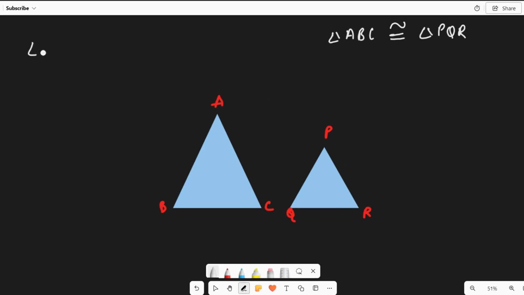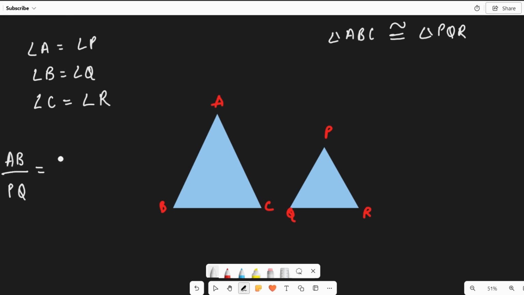That is, angle A should be equal to angle P, angle B should be equal to angle Q, and angle C should be equal to angle R, and their corresponding sides should be in the same ratio. That is, AB by PQ should be equal to AC by PR, which should be equal to BC by QR.